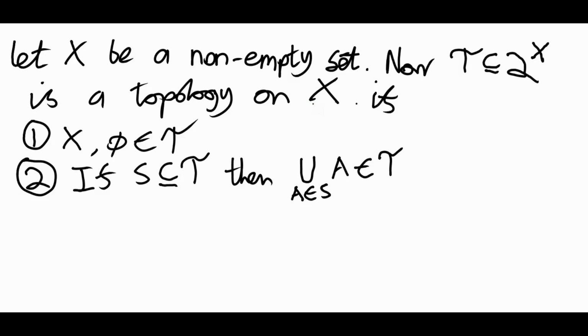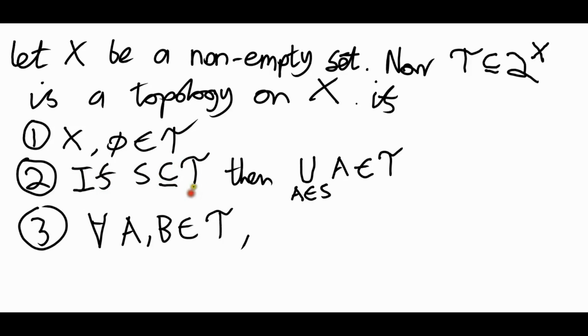So the union of elements in the topology is also an element in the topology. And the third and final condition is that for any pair of elements in the topology, the intersection of those elements is also a member of the topology.